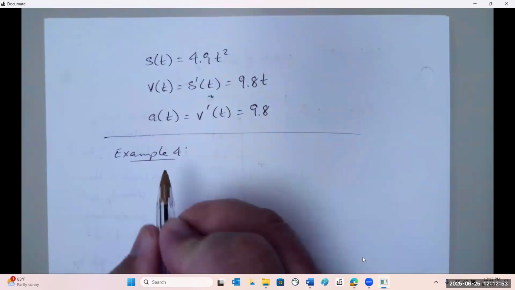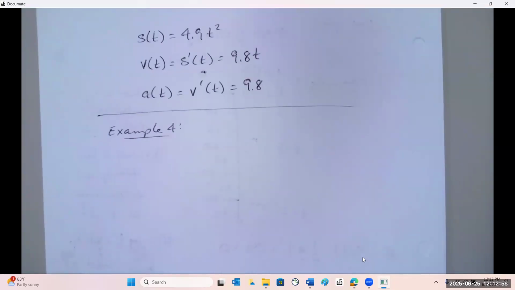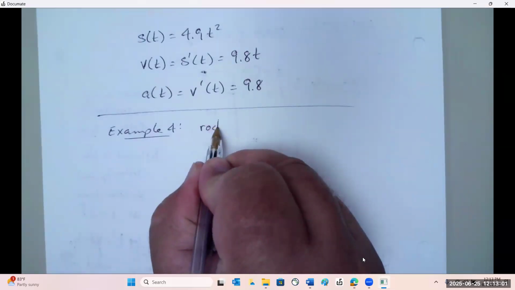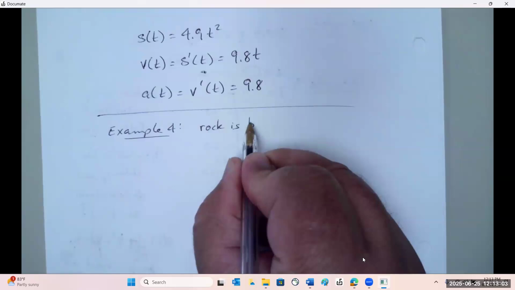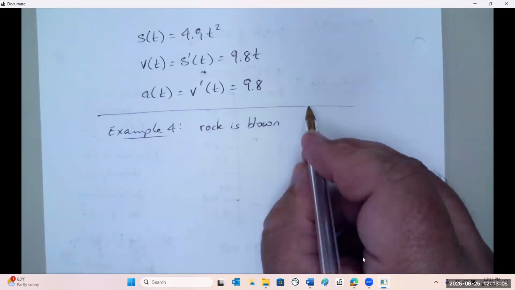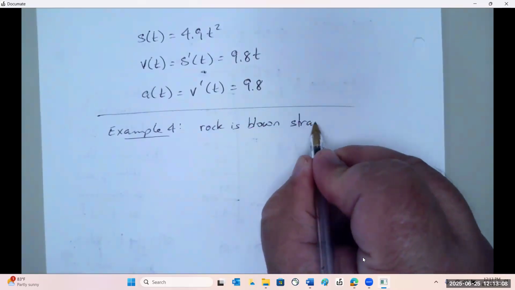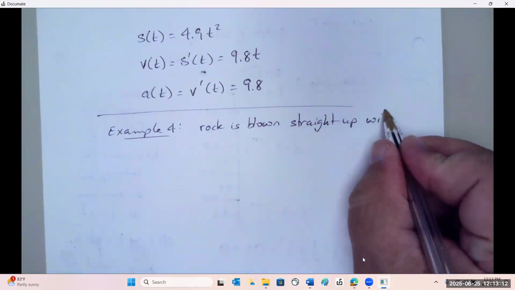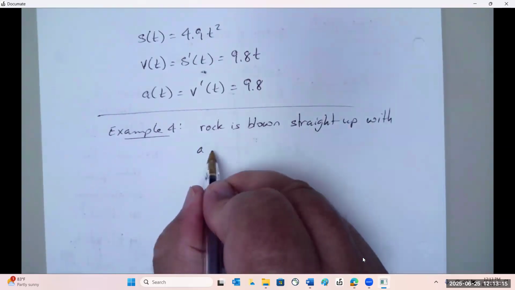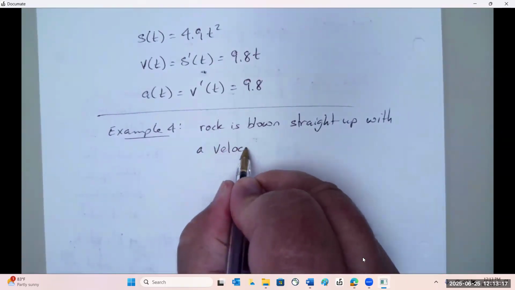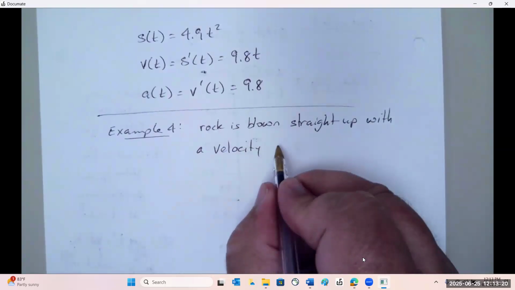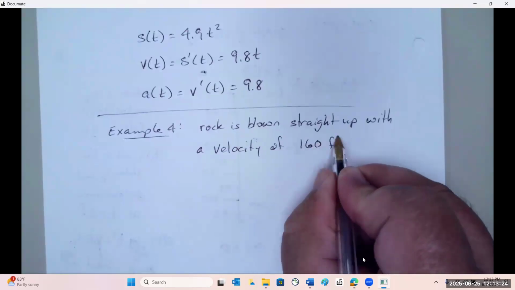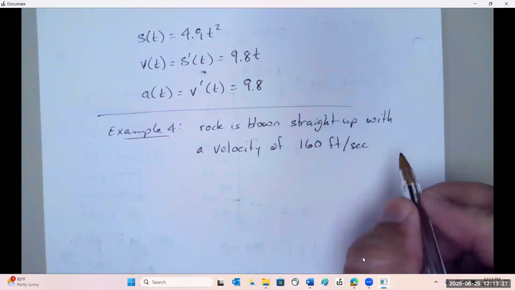Example 4. A dynamite blast. A rock is blown straight up with a velocity of 160 feet per second.